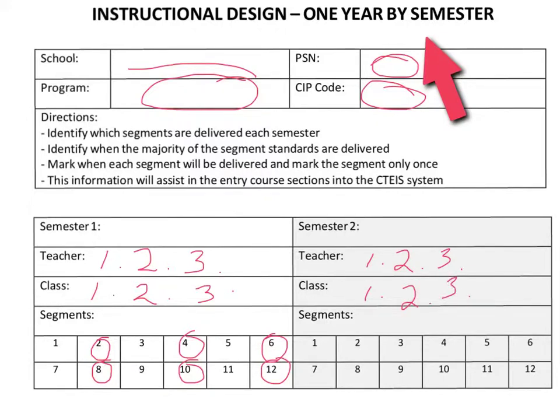And the segments that they're doing then would have to be, if this were a one-year program, 1, 3, 5, 7, 9, and 11. Note that no single number is used twice. Very important for you to remember.